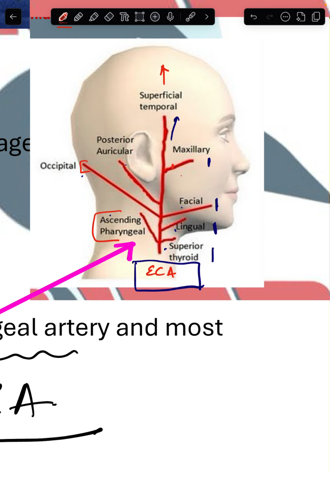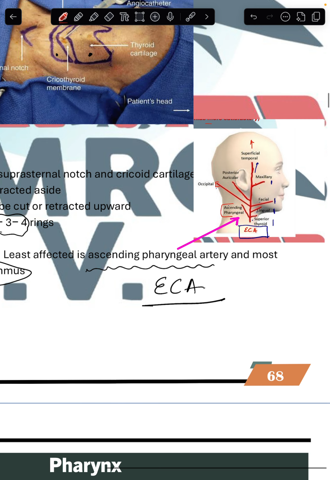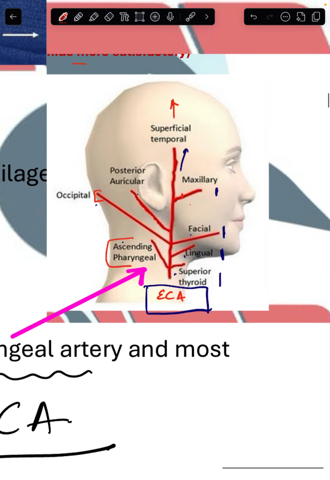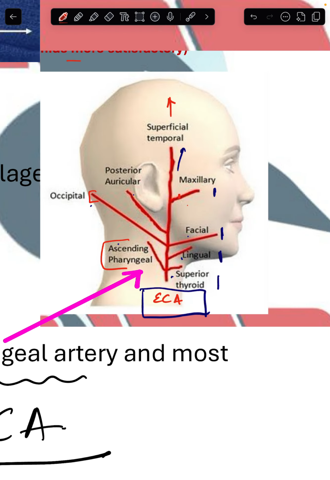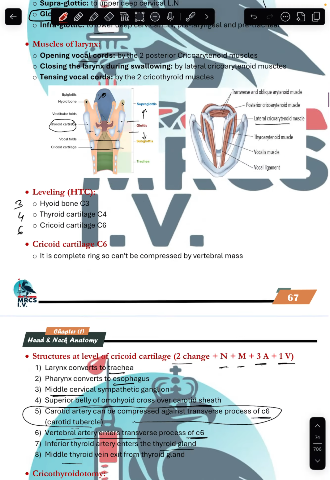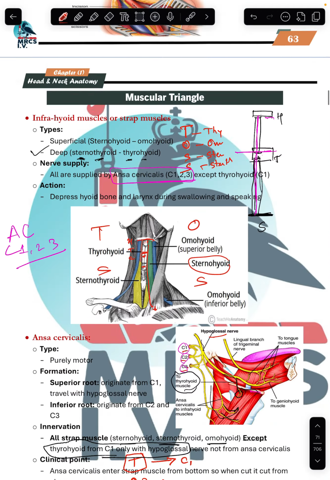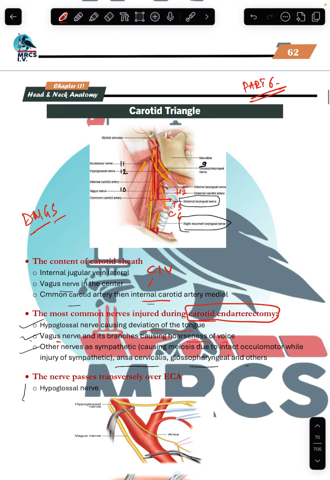Anteriorly 4 branches go towards the face: superior thyroid, lingual, facial, maxillary, and superficial temporal. Posteriorly is the ascending pharyngeal artery. So this was about the important part of the muscular triangle.